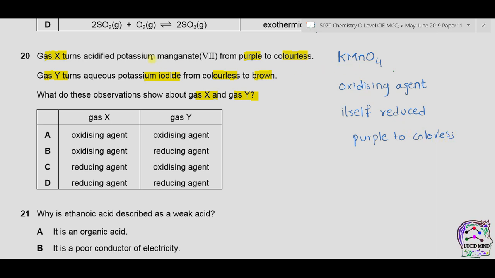So as KMnO4 is changing from purple to colorless, it means gas X has reduced potassium manganate and gas X itself has been oxidized. So gas X is a reducing agent. Second thing is potassium iodide. Potassium iodide is used as a reducing agent. It reduces other compounds and itself gets oxidized.